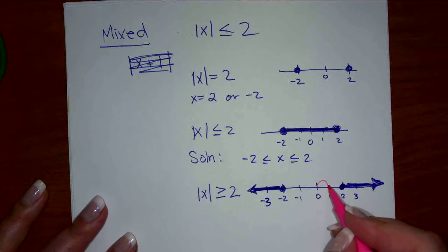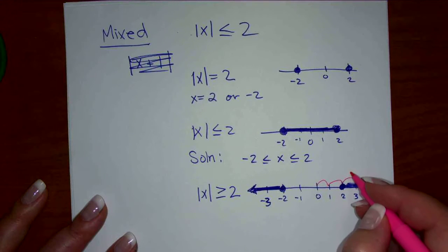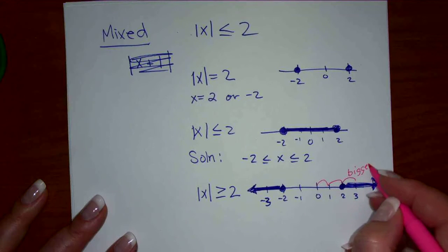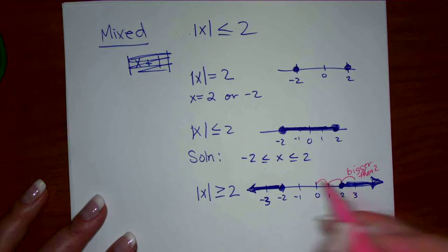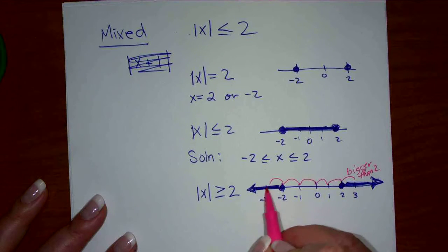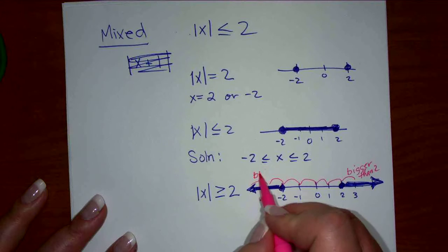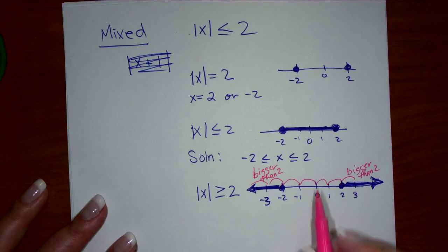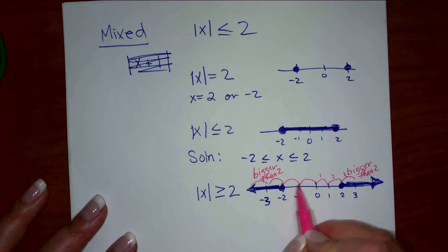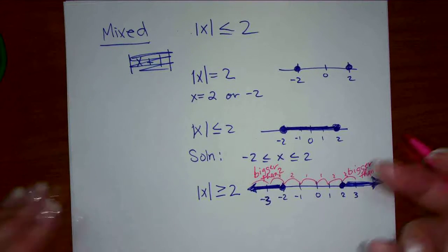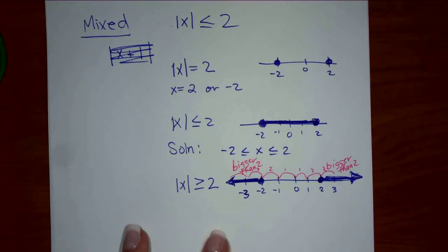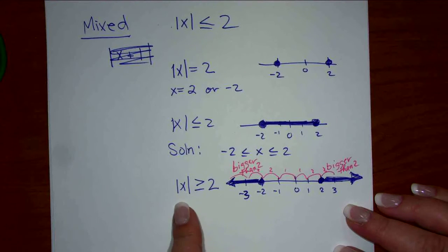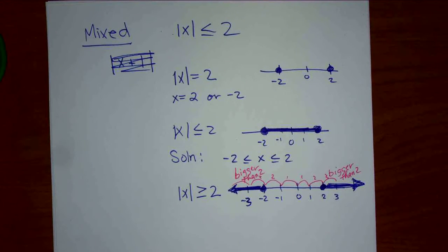Right, here's the distance 1, 2. This is bigger than 2. Does that make sense? So when we see a greater than sign with an inequality, we're talking about going in the opposite directions. When we see a less than sign in an inequality, we're talking about going in between.